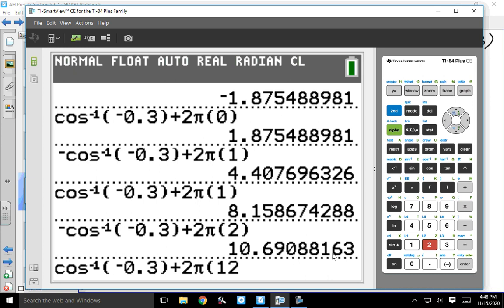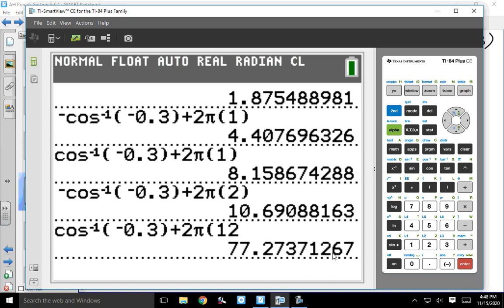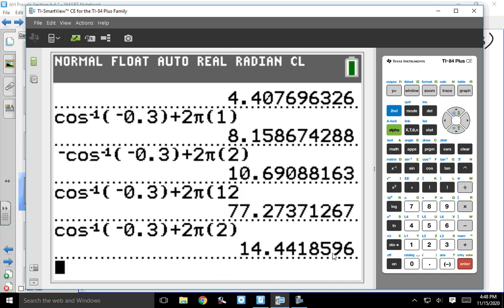And there are our first 2. Try that again. There we go. There are our first 5 positive values there.